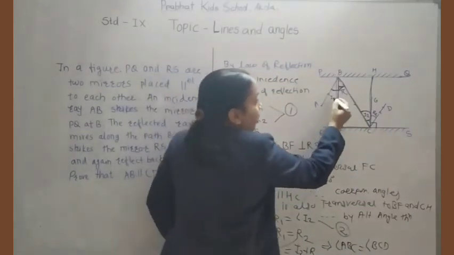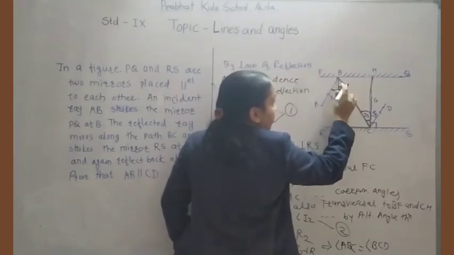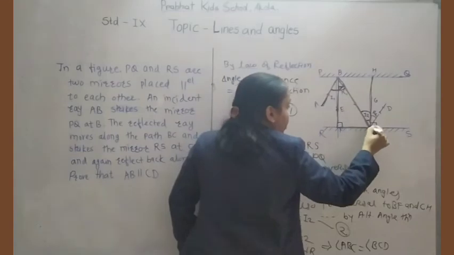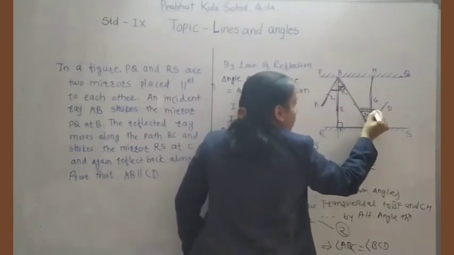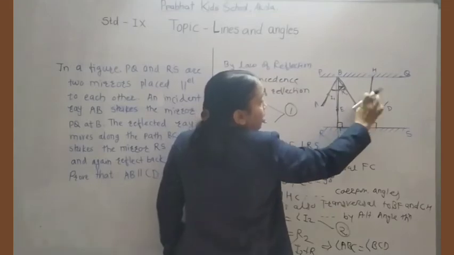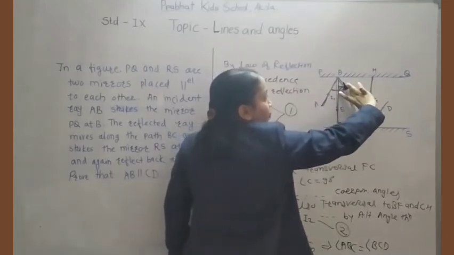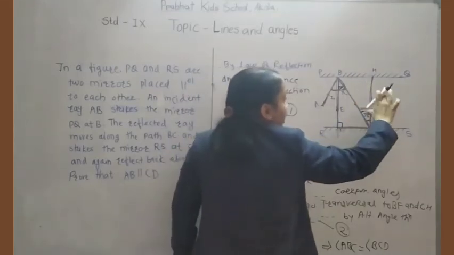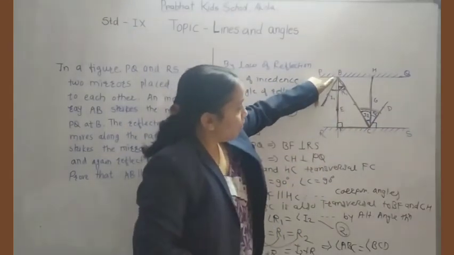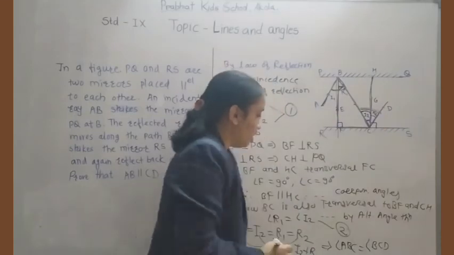Now these two angles are equal, and these are alternate angles by the transversal BC to lines AB and CD. So by the alternate angle theorem, AB is parallel to CD.